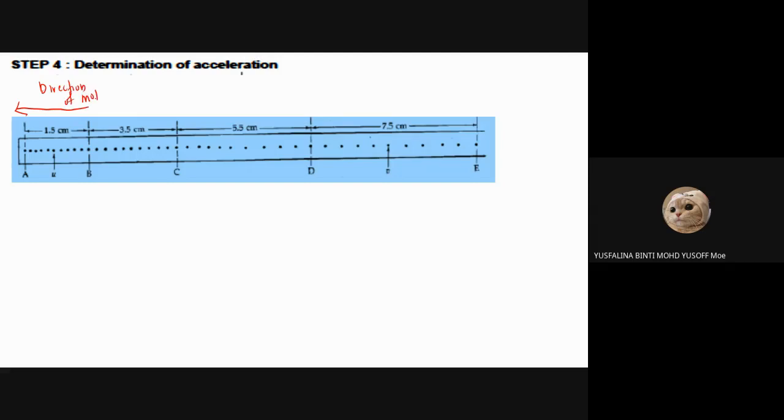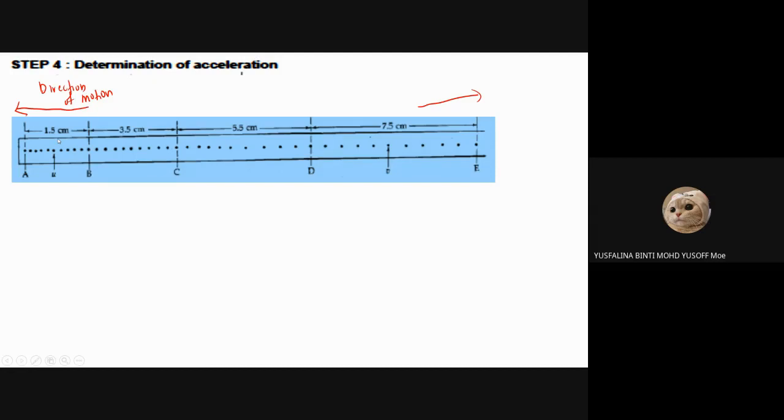If they give you the direction of motion from left to right, then this side should be the initial velocity and this side should be the final velocity. But if the direction is from right to left, this one will come out first. So we call this the initial velocity and this part the final velocity.